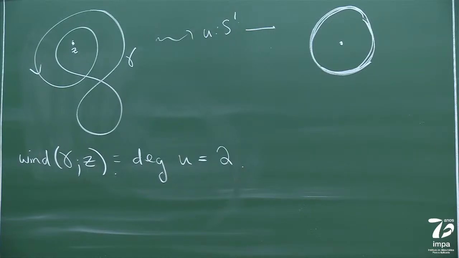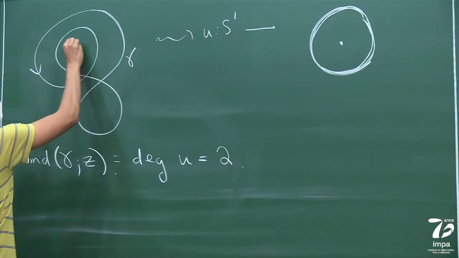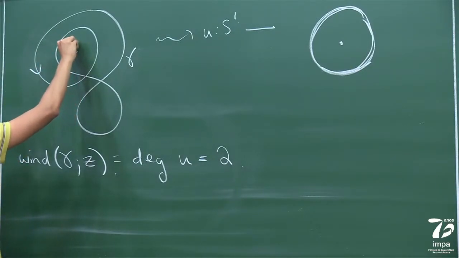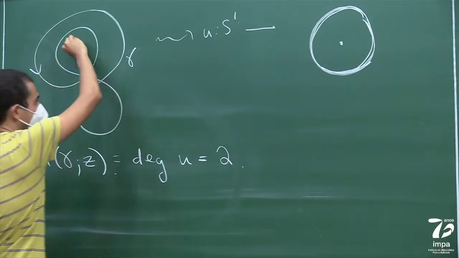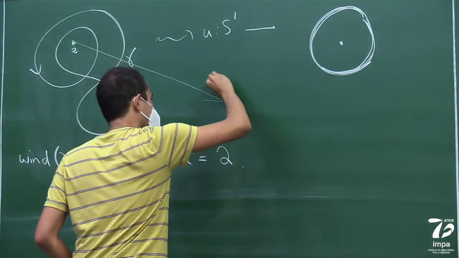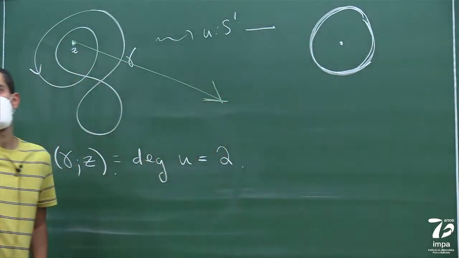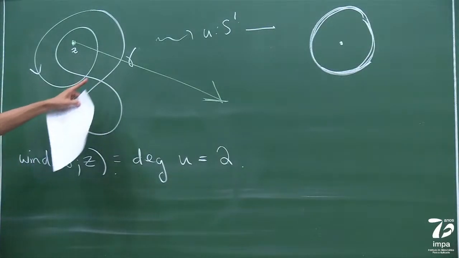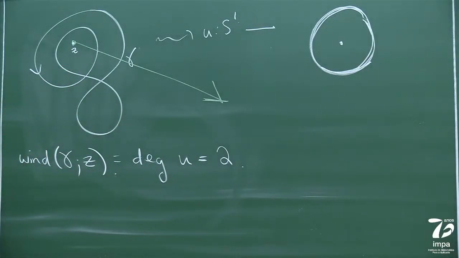Okay? So one way to see this here, in dimension 2, is you can take half of a line that starts at z and goes all the way to infinity. And you see how many times this line intersects the curve. Okay?